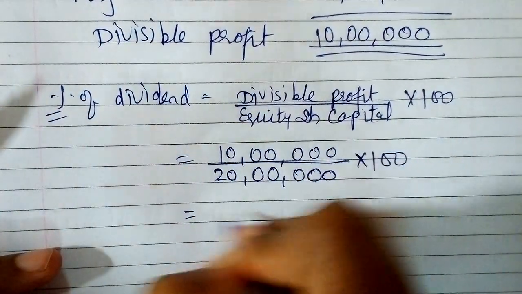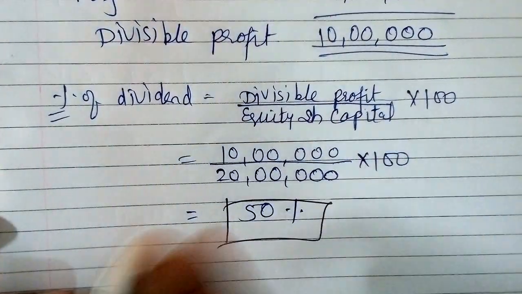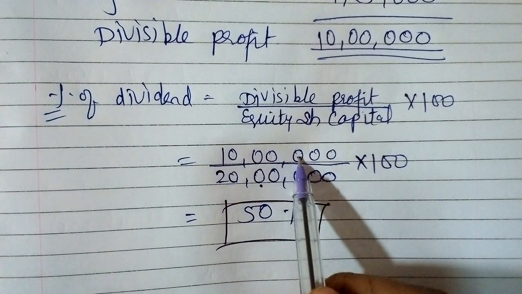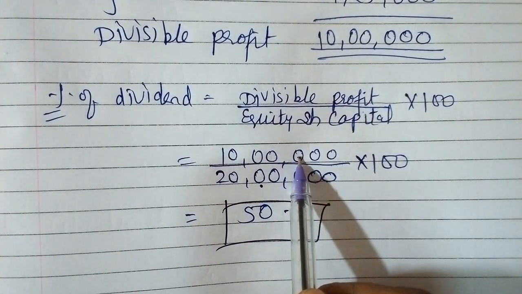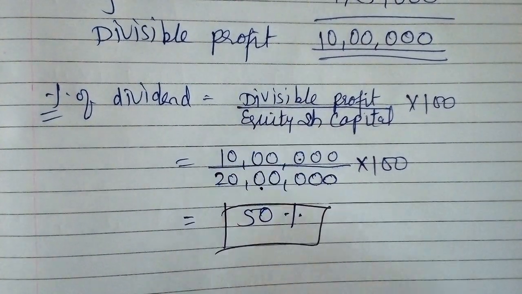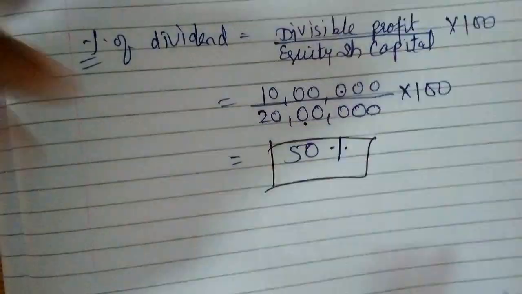So percentages are 50%. If my equity share capital is 20 lakhs, if I am getting the divisible profit of the business is 10 lakhs, then it is saying that I can declare dividend up to 50% if I am declaring the whole amount as a dividend.